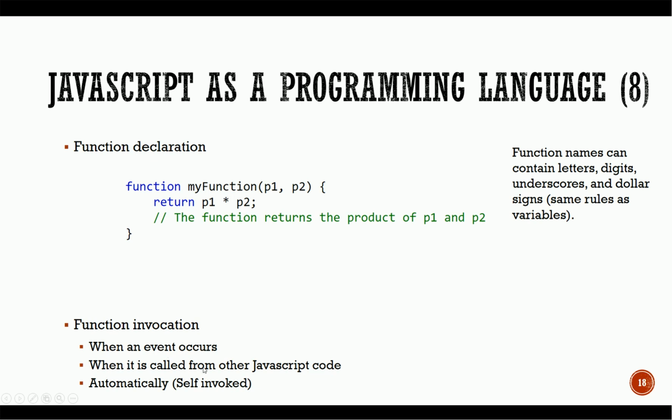Second, when it is called from other JavaScript code. And third, when it is self-invoked, or run automatically. So it depends on your configuration. You will learn a lot about function invocation later, when we go deeper into using it inside an HTML page.